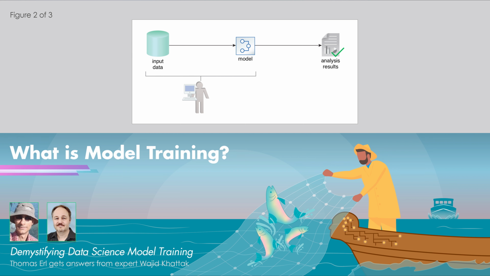Relating this to the next figure being shown, the analyst is you. You're the one setting all this up, and the historical input data you're feeding into the model corresponds to the type of problem we're trying to solve. In this case, it corresponds to the specific type of salmon we're trying to catch.